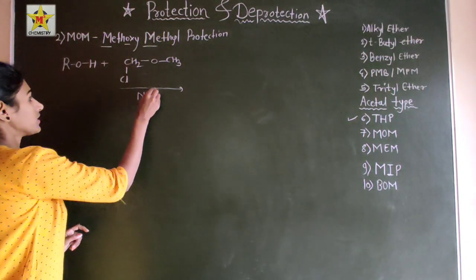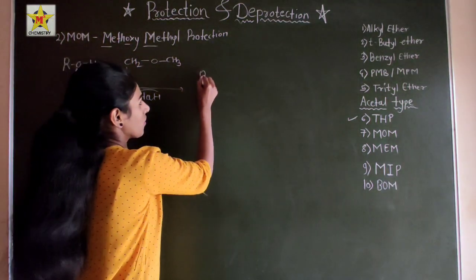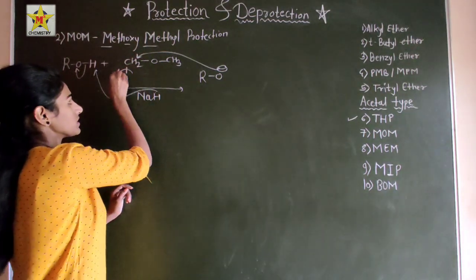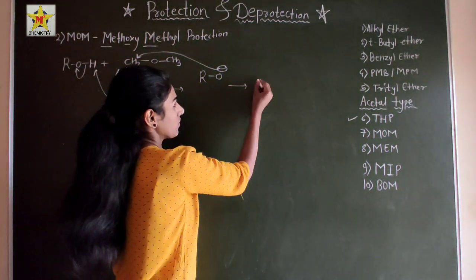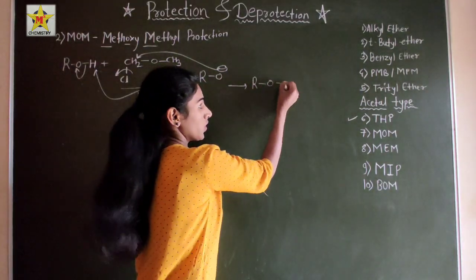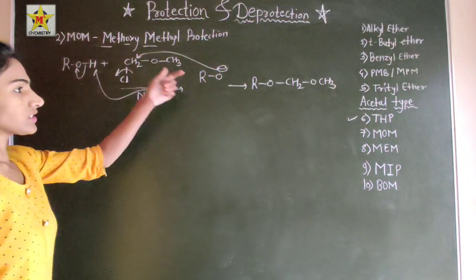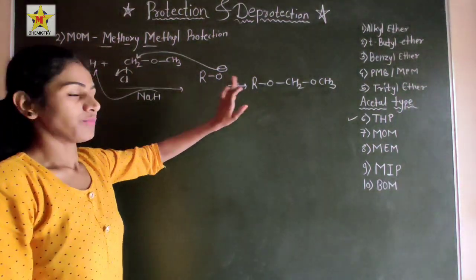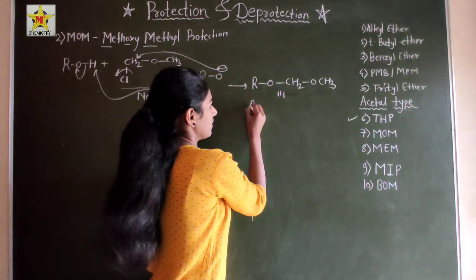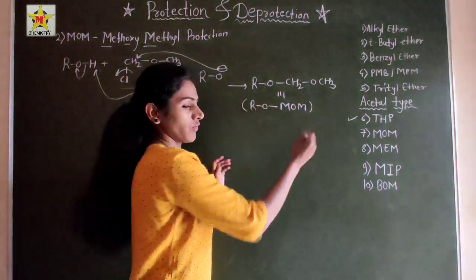This hydride will abstract this hydrogen atom and it will become RO minus. This O minus will attach over this CH2 and Cl will depart, with formation of ROCH2OCH3. This is methoxymethyl ether protection, which we can write as MOM.